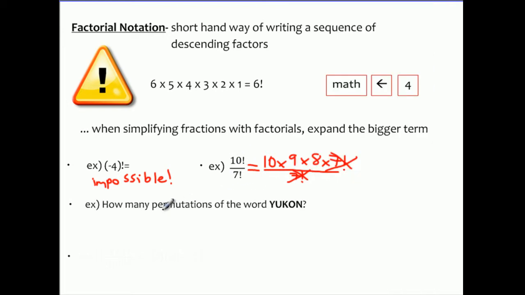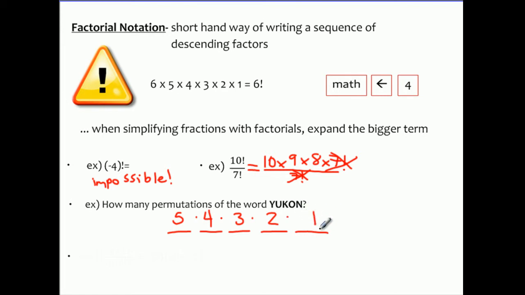Another example, how many permutations of the word Yukon? There are 5 letters in the word Yukon, and if we're choosing all of the letters, you can place any one of these 5 letters into the first spot. So for the first location, you can choose from 5 letters. If you can't repeat any of these letters, once it's chosen you can't use it again, so for the next position there are only 4 letters to choose from, and the next there's only 3 because I picked 2 already, down to 1.